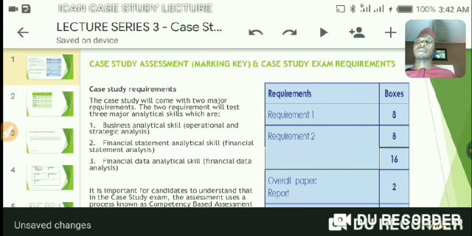can pass this paper. So one of the things you need to understand is that case study is assessed in a process. The assessment takes a process known as competency-based assessment. We call it CBA. The idea behind competency-based assessment is that it is your demonstration of certain skills that will earn you marks.